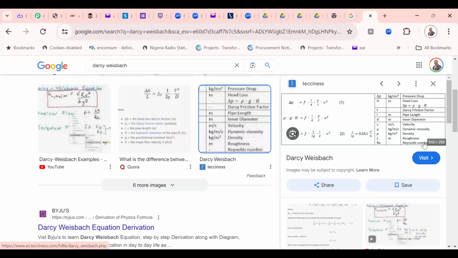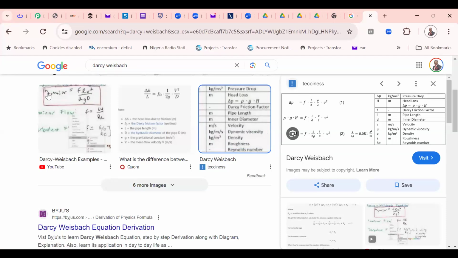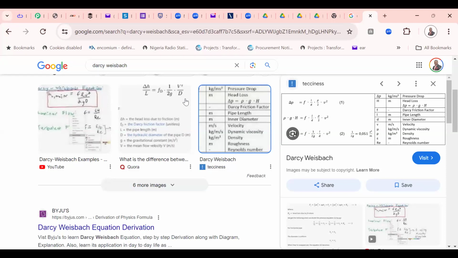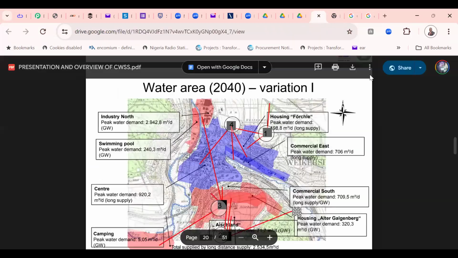You don't need to start cramming formulas, like the formula for head loss: friction factor times velocity square over 2g times the diameter. Nobody's doing all this again. So what we are doing now is making use of charts. If you get this formula, the next thing you need to do is go to your chart.